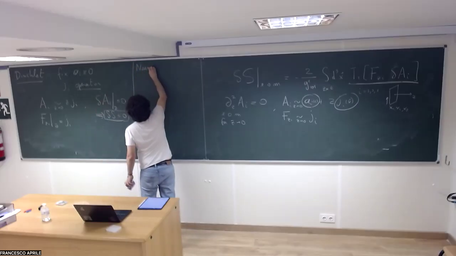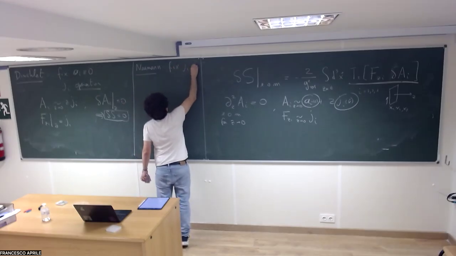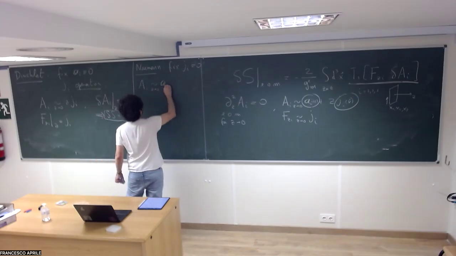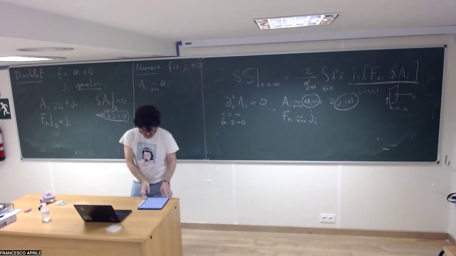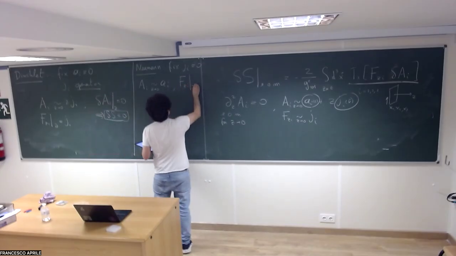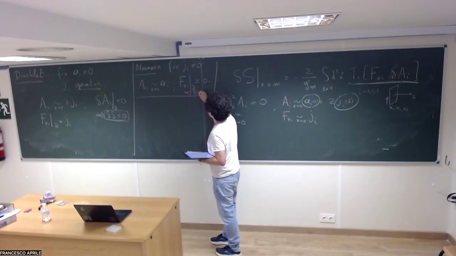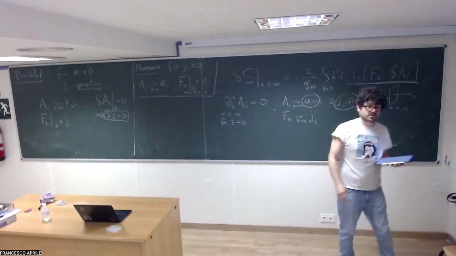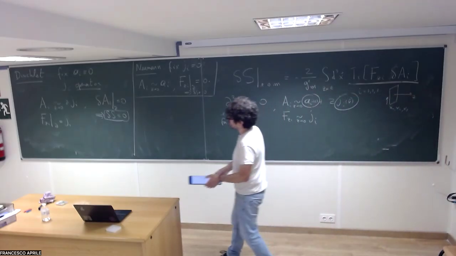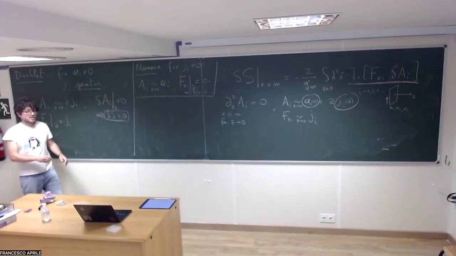The other possibility is to fix the value of F_zi to 0, then the boundary behavior is like this, which means, okay, this means again that the variation of the action at the boundary is 0. Now let's go a little bit more over these two simple boundary conditions and see what the consequences are.